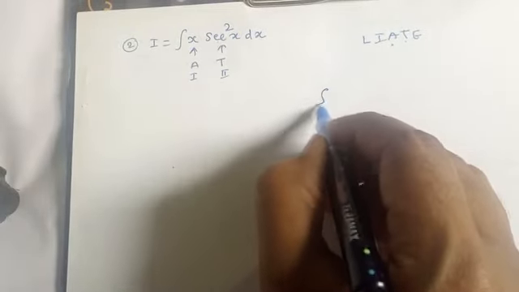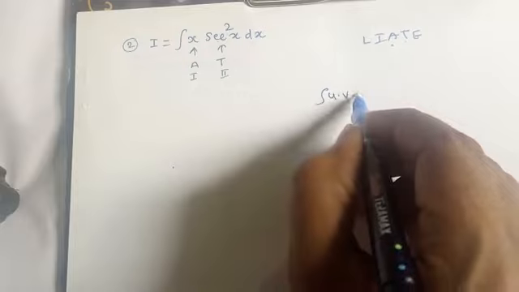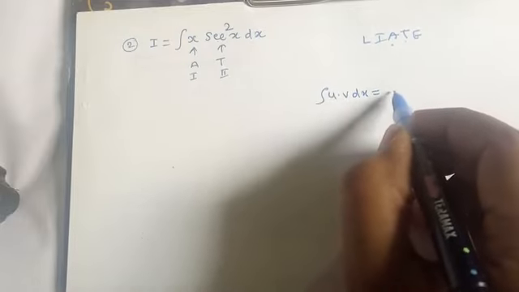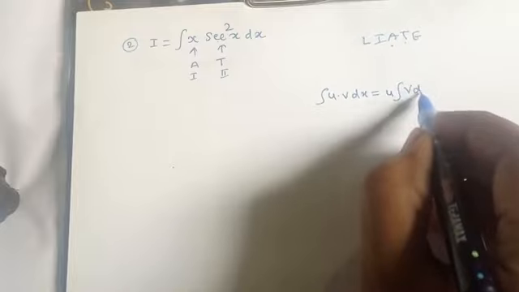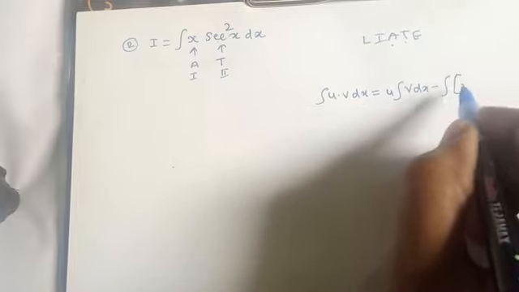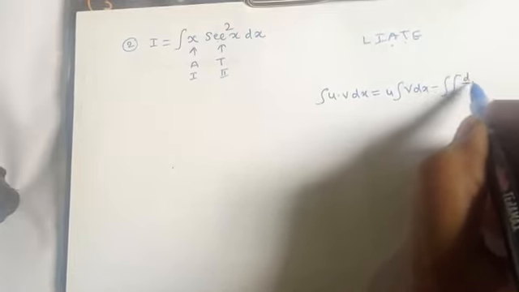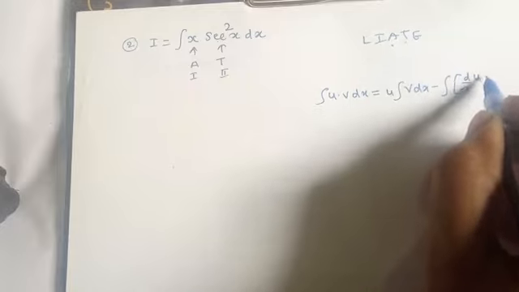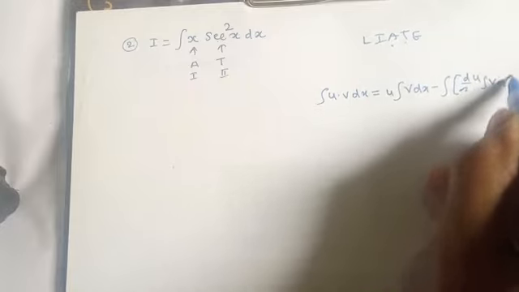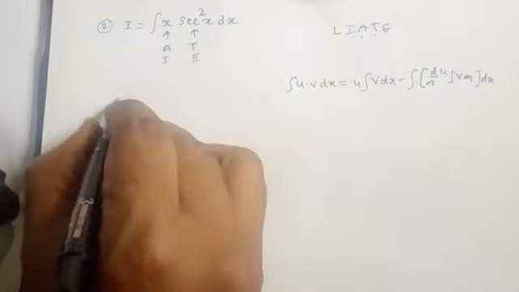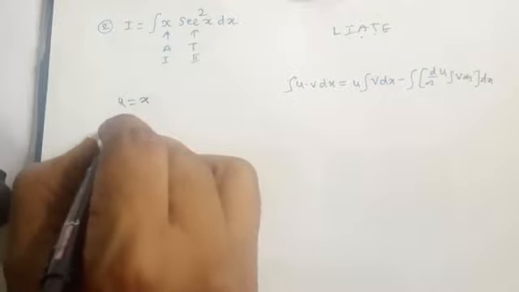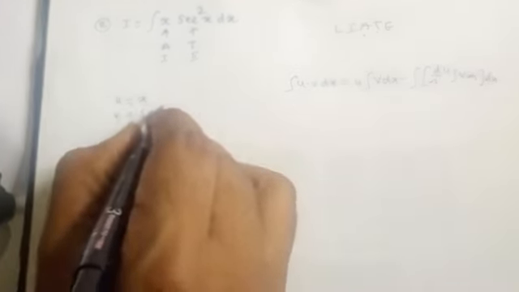And we know the by-parts rule, or product rule for integration: the integration of u into v dx is equal to the first term as it is into the integration of the second term, minus the integration, in brackets, of the derivative of the first term into the integration of the second term, dx. So we can use this rule here also, with u equal to x and v equal to sec square x.